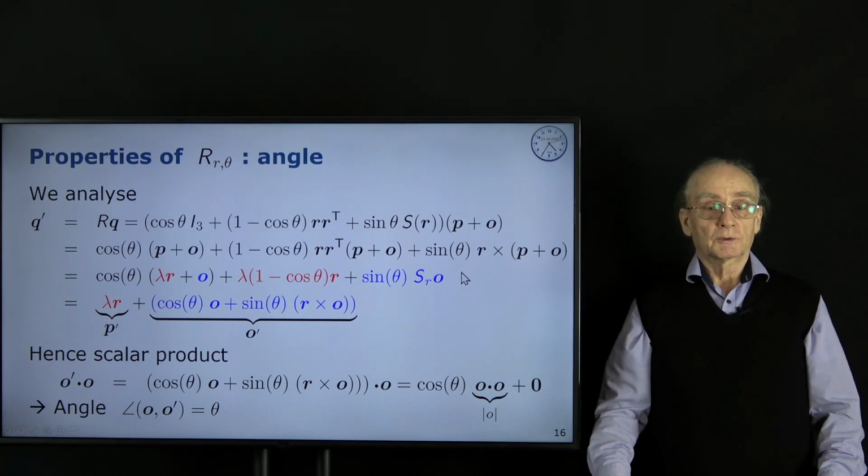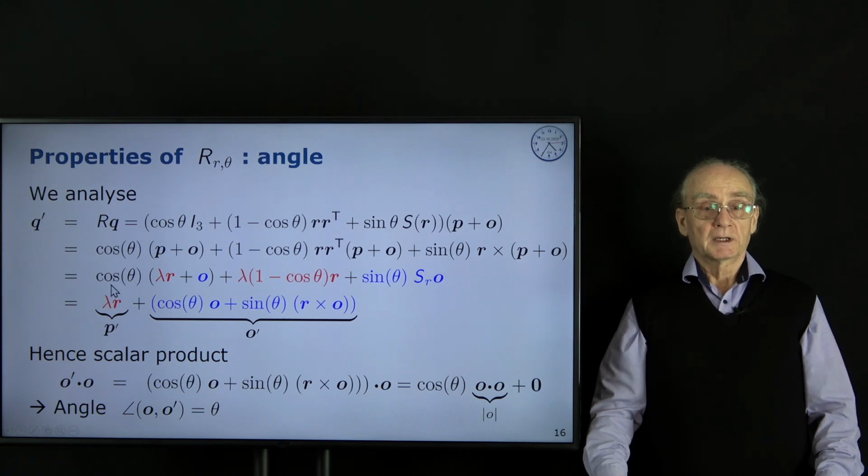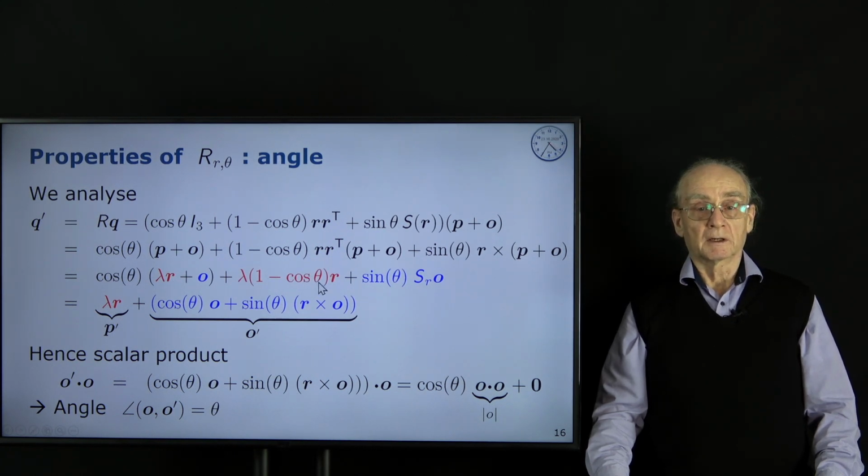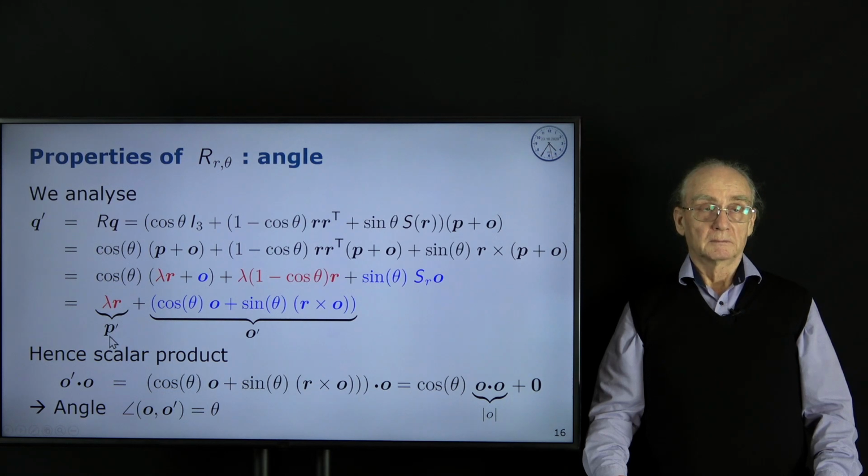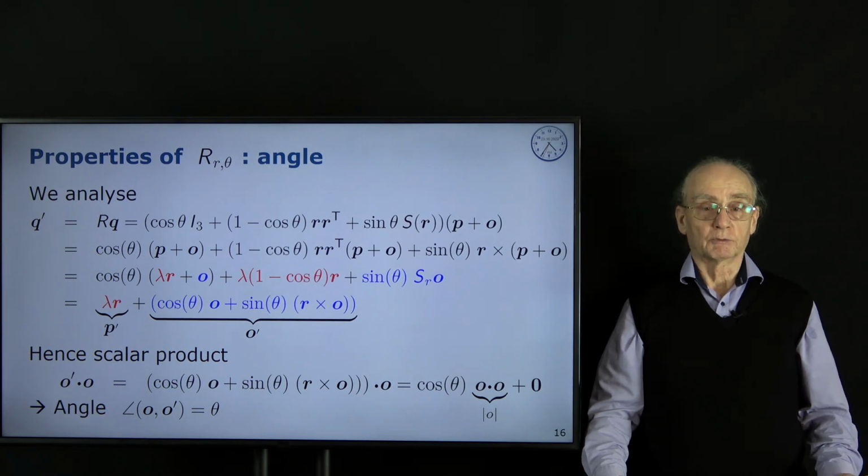And now we have a look what happens in the next step. We have here cosine theta multiplied with lambda r. We have this same expression here, cosine theta times lambda r. So we are left with lambda times r, which is actually the p prime. Well, this is fine because p moves to p prime. That's a fixed point.